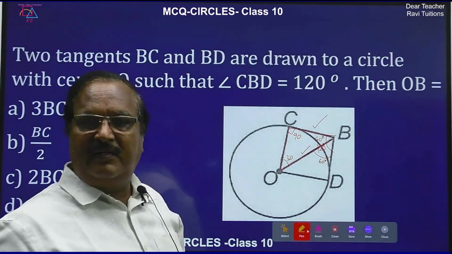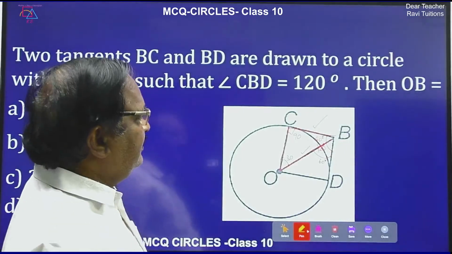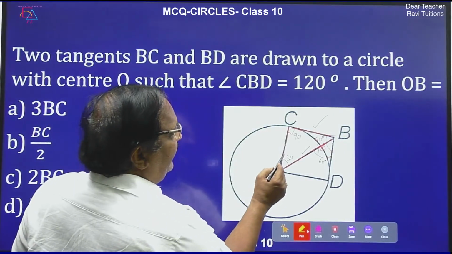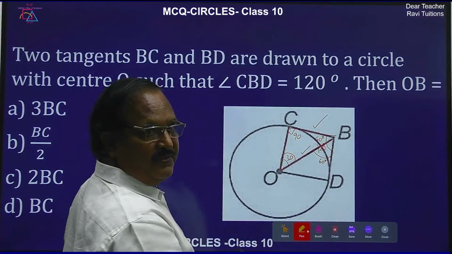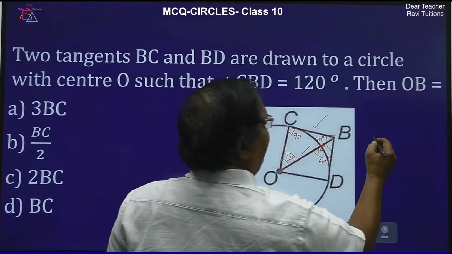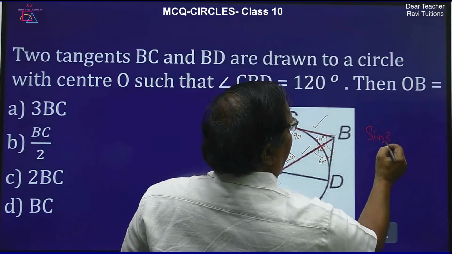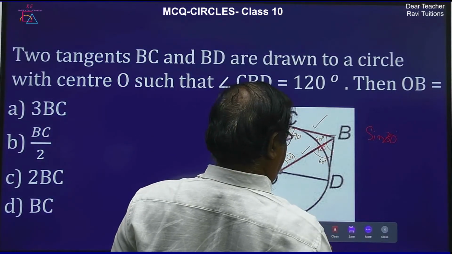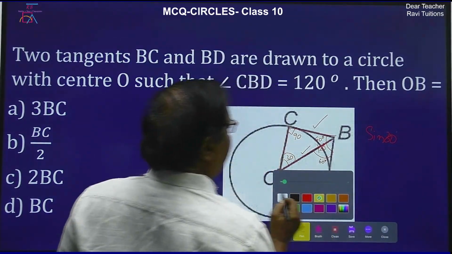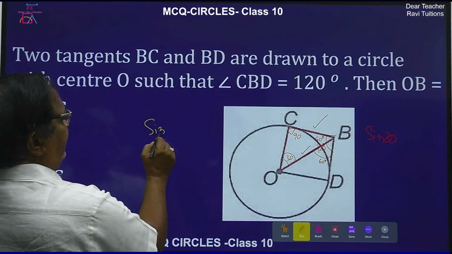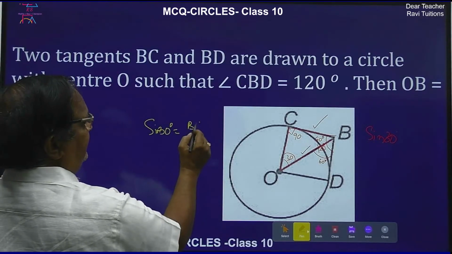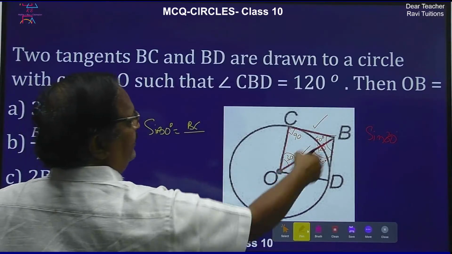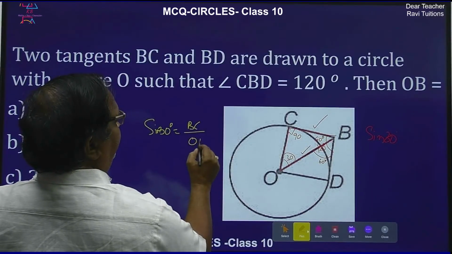So then, you take this angle, and this will be the opposite side, and this will be the hypotenuse. So now put sine 30 degrees. Let me change the color. Sine 30 degrees is equal to opposite side BC over hypotenuse OB.